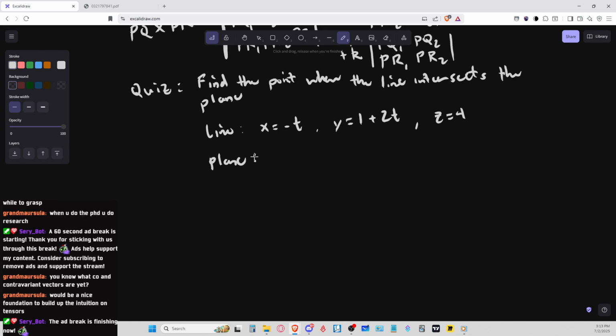I know covariant is the subscript, and contravariant is the superscript. I know they're supposed to represent the same thing.